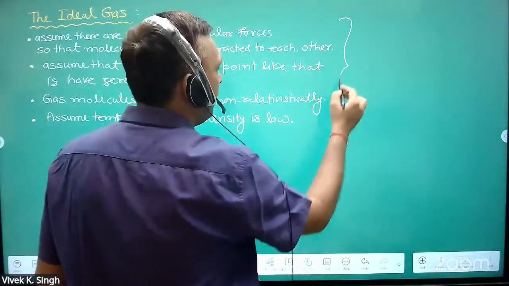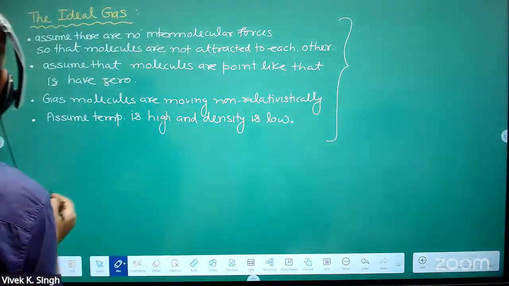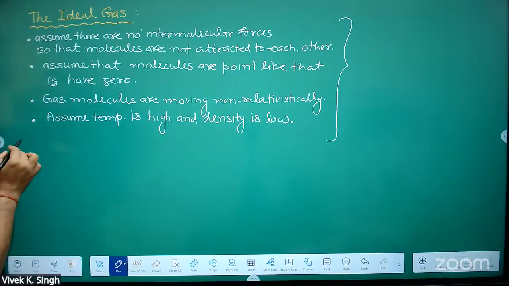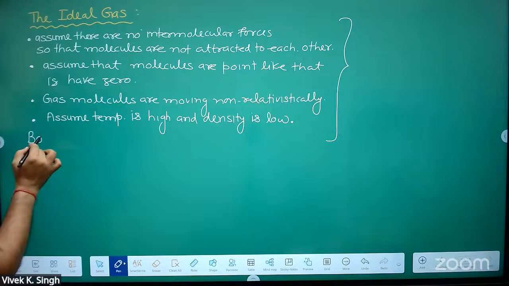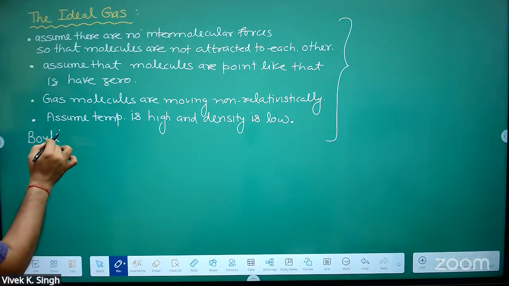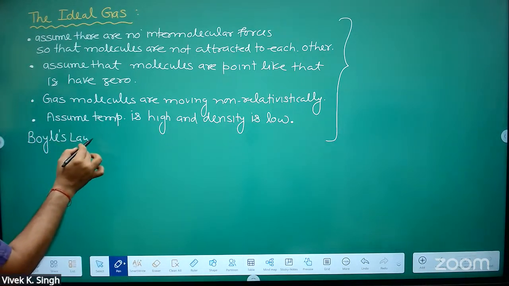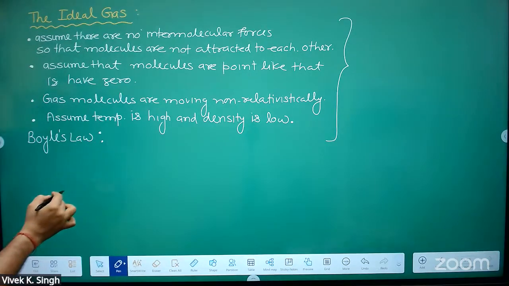So if you are considering an ideal gas, then we can write Boyle's law. What is Boyle's law?